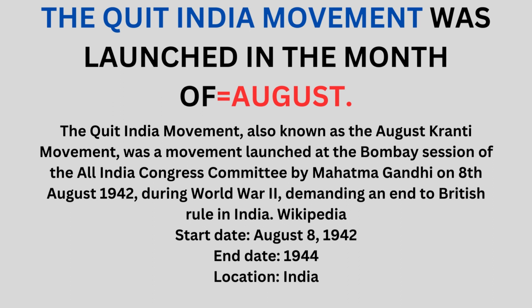And the Quit India movement was launched in the month of August. The Quit India movement, also known as the August Kranti movement, was a movement launched at the Bombay session of the All India Congress Committee by Mahatma Gandhi on 8 August 1942 during World War II, which lasted from 1939 up to 1945, demanding an end to British rule in India.